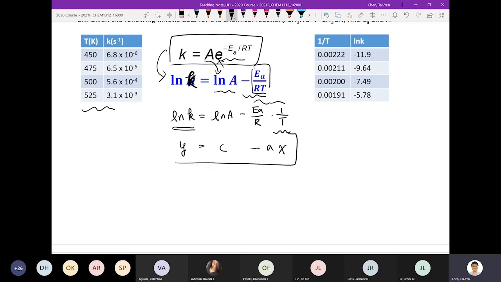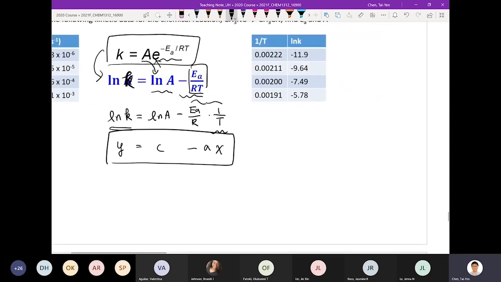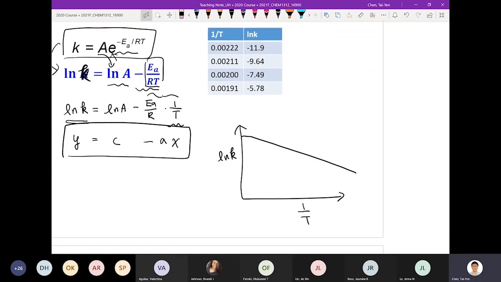And this is a linear equation. In other words, if I plot ln k against 1 over T, then I should expect to see a linear relationship. The slope is going to equal negative Ea over R. The intercept should give you ln A.